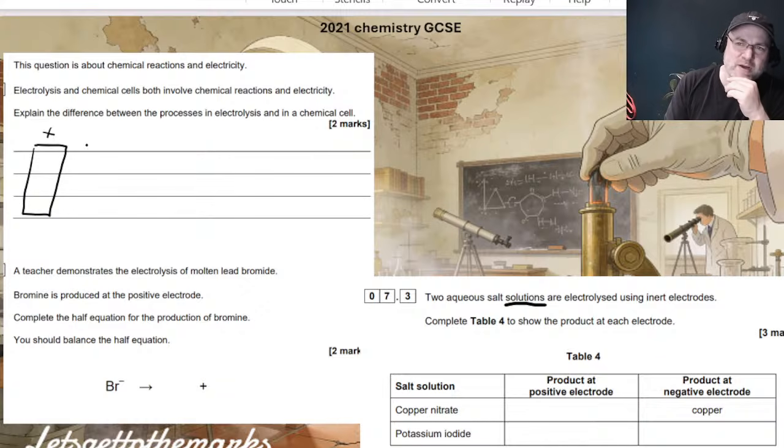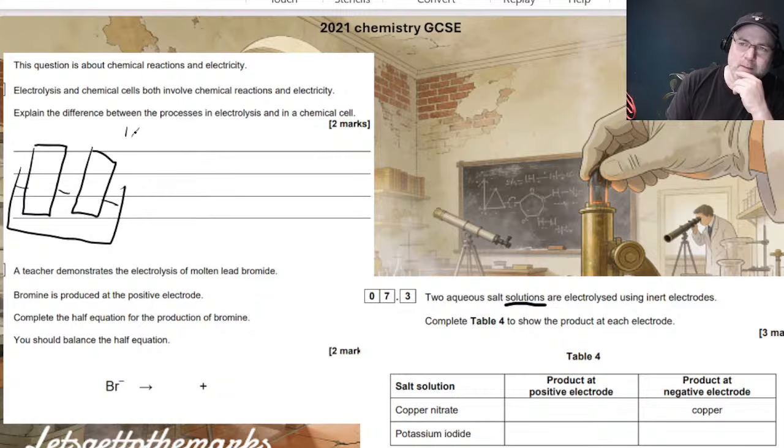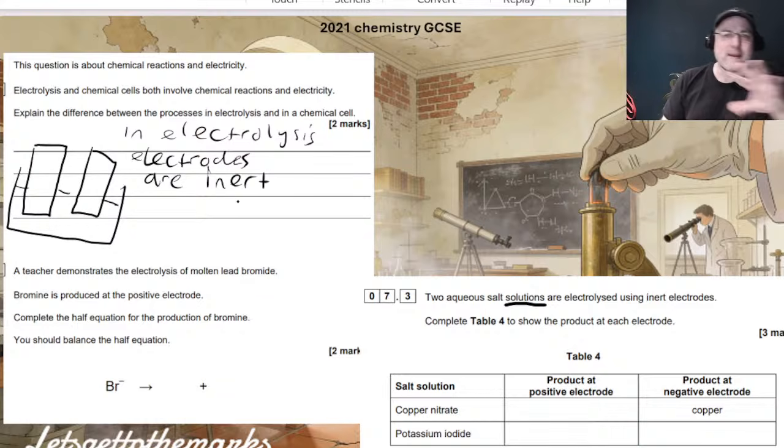So in electrolysis, I'm going to give you some things that are different. Electrodes are inert, meaning the electrodes do not react with the electrolyte. They don't react. They're normally made of carbon or platinum, something quite unreactive.